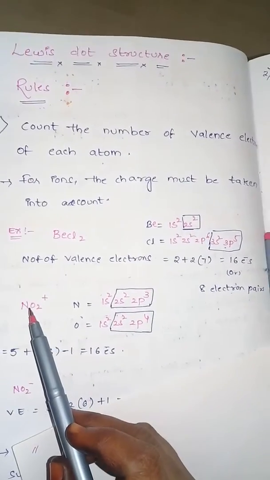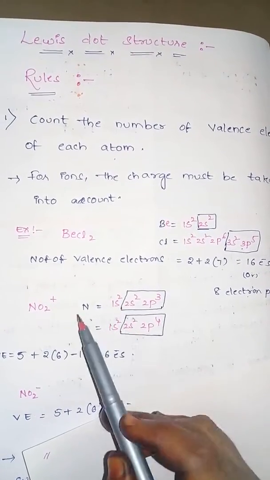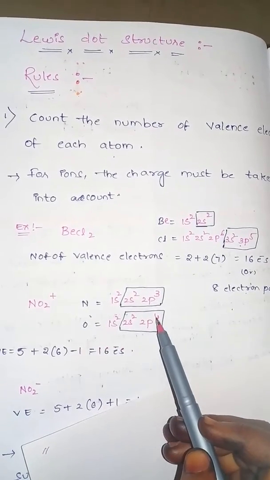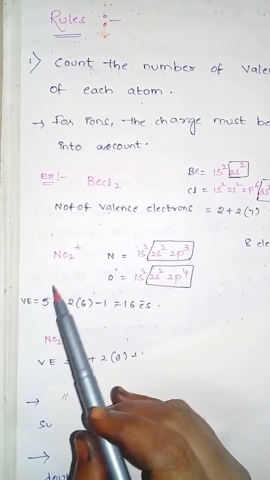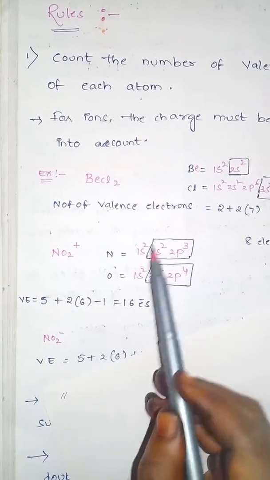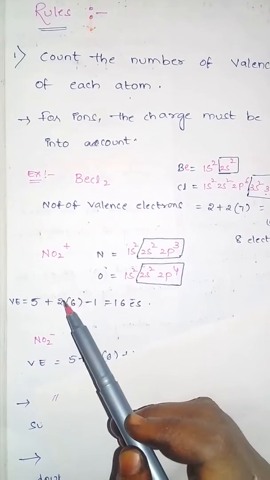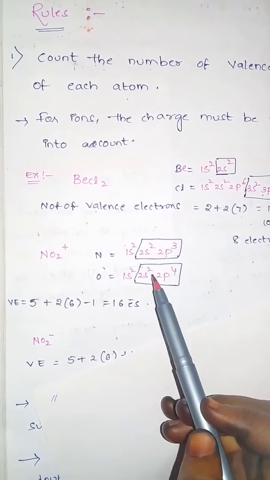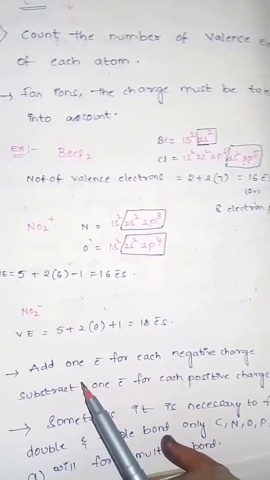And then for NO2 plus, nitrogen valence electrons are 5, oxygen valence electrons are 6. So 5 for nitrogen, plus 2 oxygen atoms, 2 into 6.